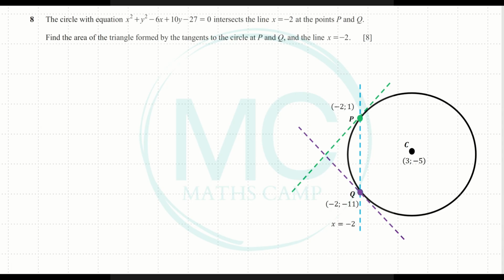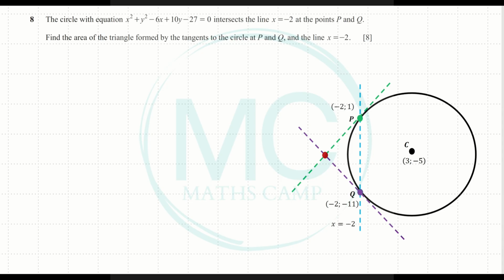In this case, the base will be the distance between P and Q, and the height will be between the line x is equal to -2 and the point of intersection of the two tangents. So let's make this red. To find the height, we need to find the point of intersection.